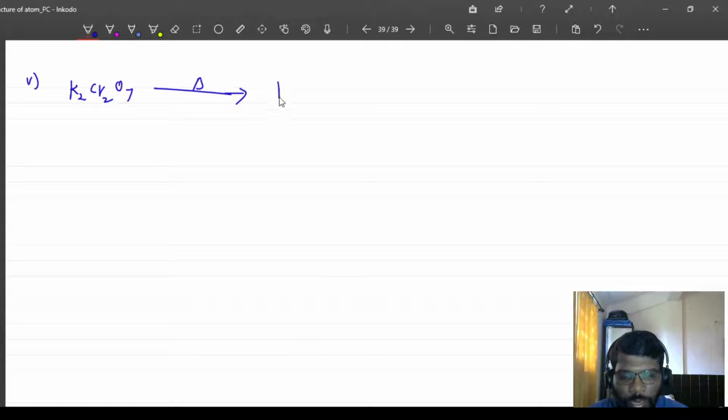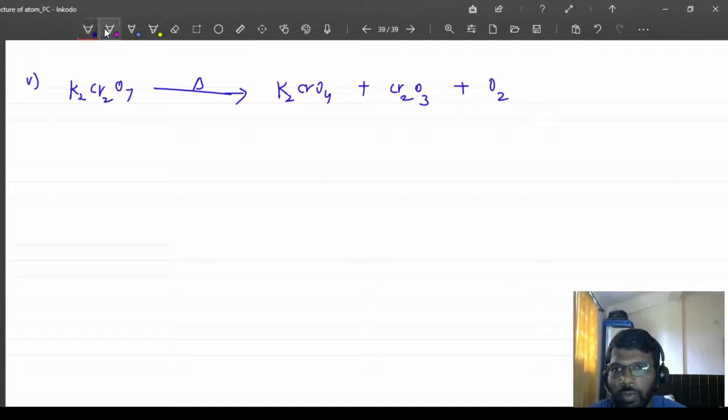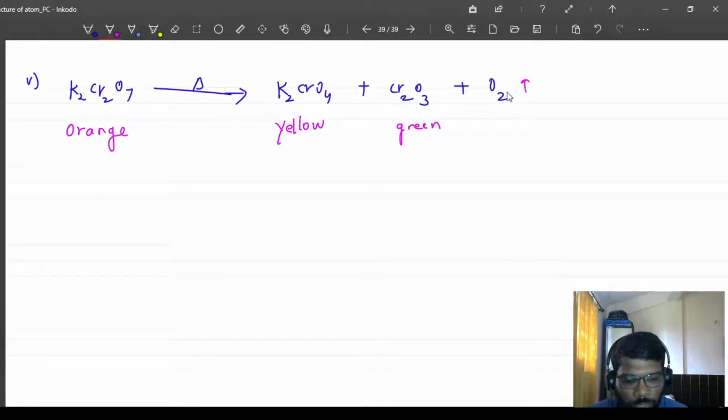If you heat this compound, what we get is K2CrO4 and Cr2O3 and oxygen. With respect to color, this is orange, this is yellow, and this is a green compound. And this is your gas of interest which you are preparing. If you heat this K2Cr2O7, then these are the things which you will get.